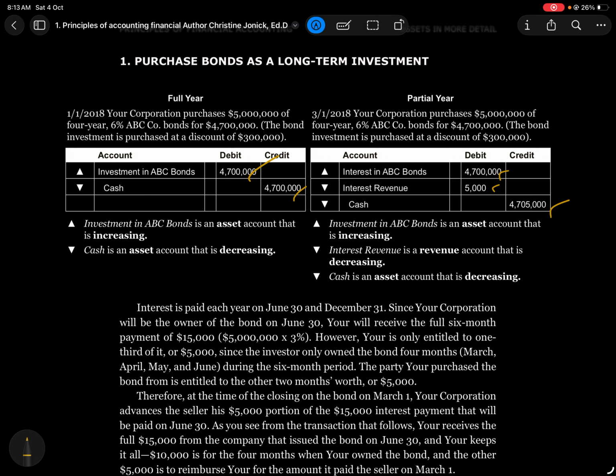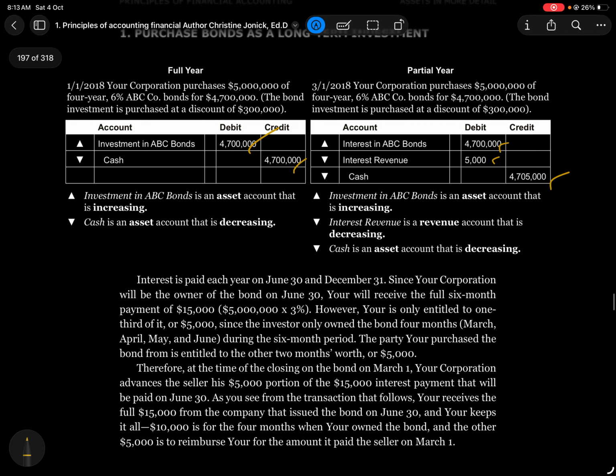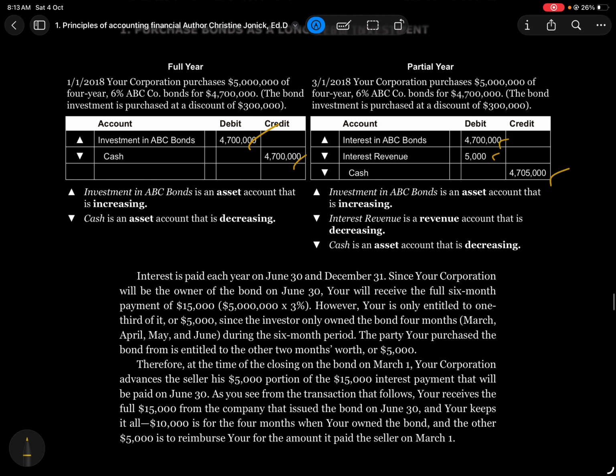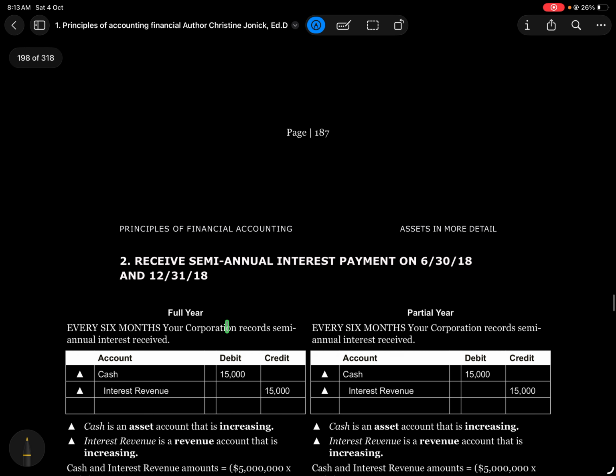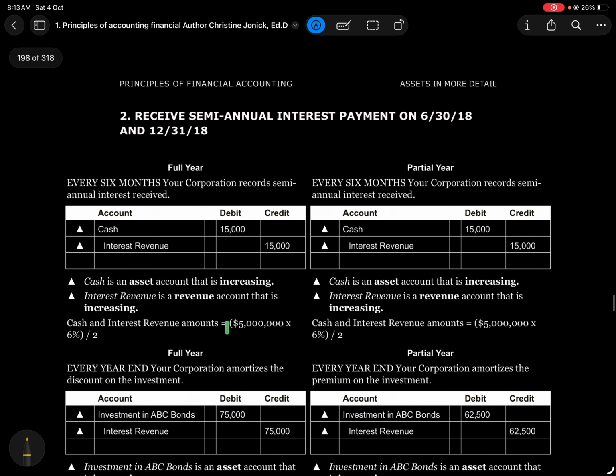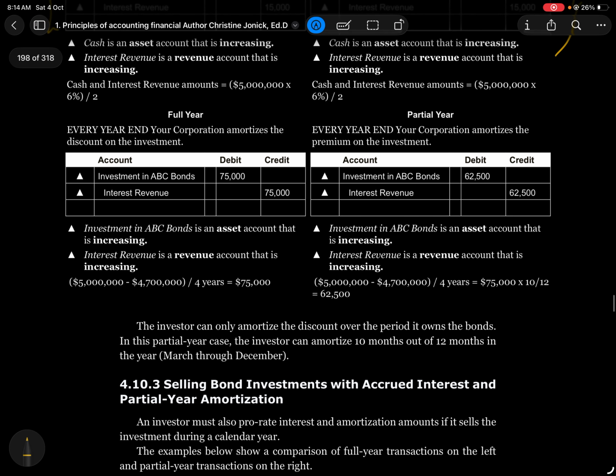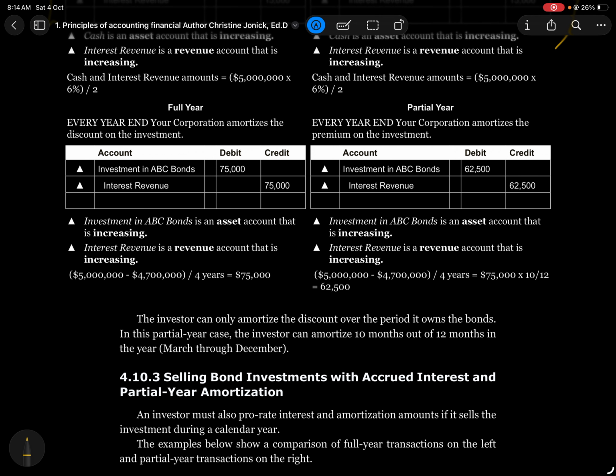Your cash is 4705,000. All right. So in a partial year kind of scenario, whenever we receive any interest, of course, there will be a cash increase. Credit your interest revenue, of course, right? So whenever we are amortizing it, of course, we have a similar sort of entry, just the amount is a little bit different, right?